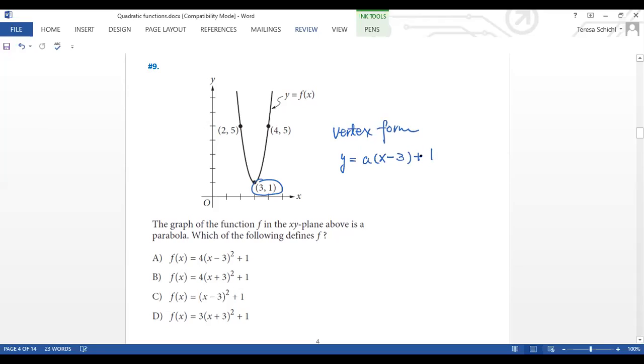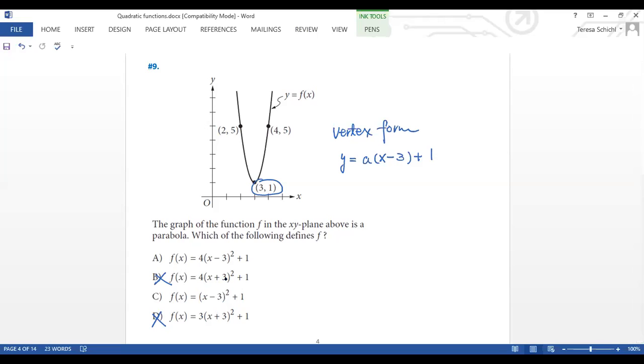So it's x minus 3, it cannot be x plus 3, so B is not it. Then D is also x minus 3, so D is not. So the possible answers could be A and C.